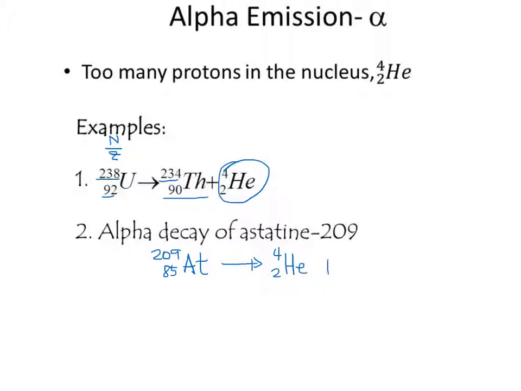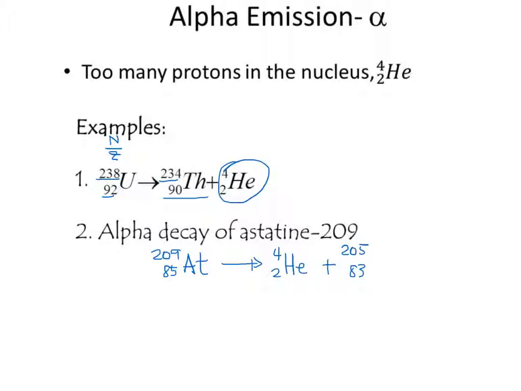It's also going to be 2 protons lighter and 2 neutrons lighter. So it's going to have a new atomic number, 85 minus 2, which is 83. And it's going to have an atomic mass that's 4 particles lighter, so 209 minus 4, which is 205.